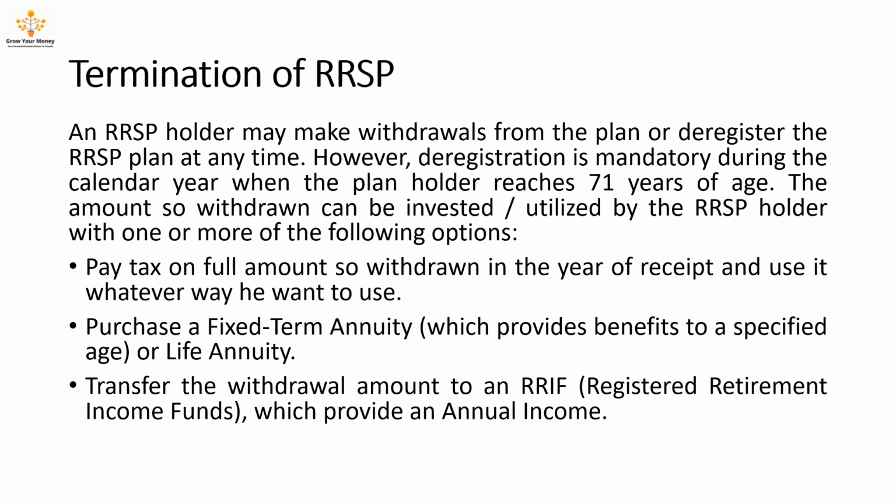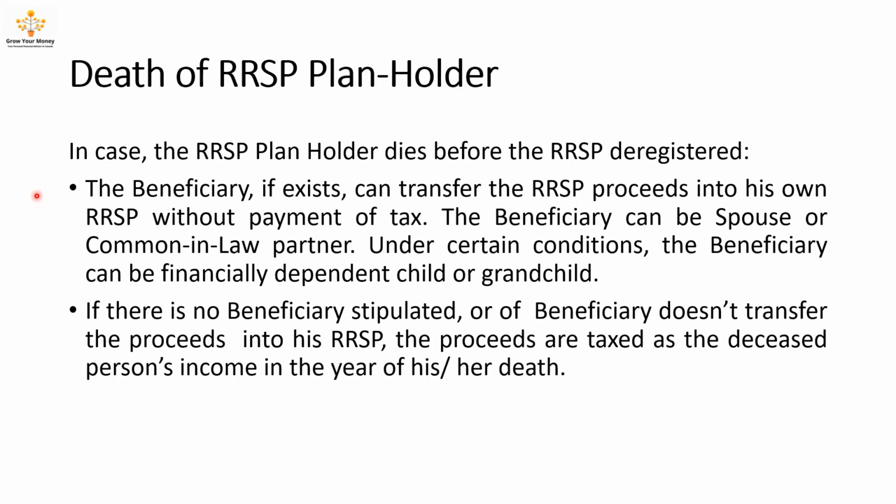Other than termination of RRSP, there could be a scenario where the RRSP plan holder dies before it gets deregistered. So there could be two possibilities. The beneficiary, if one exists, can transfer the RRSP proceeds into his own RRSP without payment of any tax. The beneficiary can be a spouse or common-law partner.